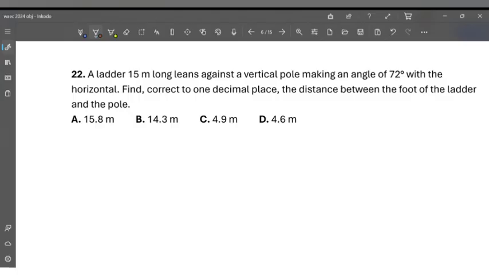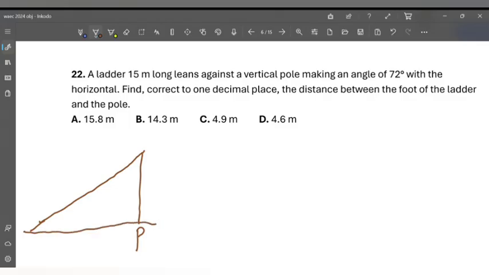So we have a ladder that is leaning against a vertical pole. If this is our vertical pole, pole P, a ladder is leaning against it. Let me draw a ladder leaning against it. And let's say this is the ground level.